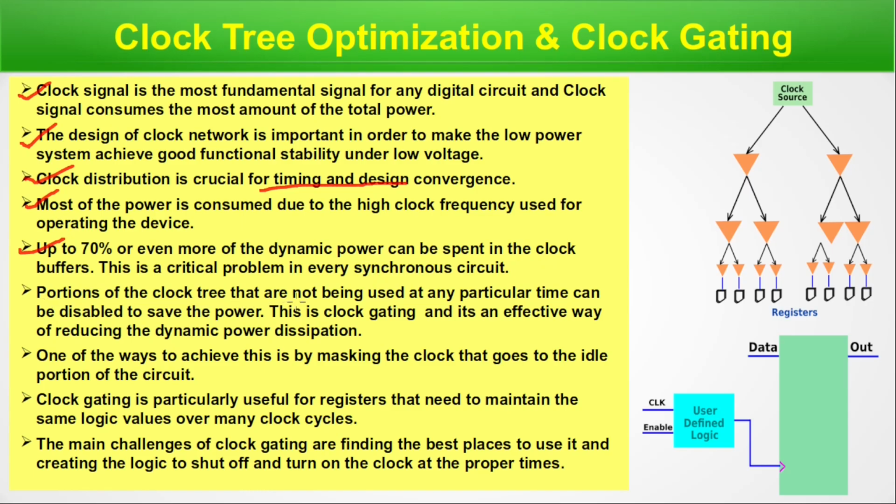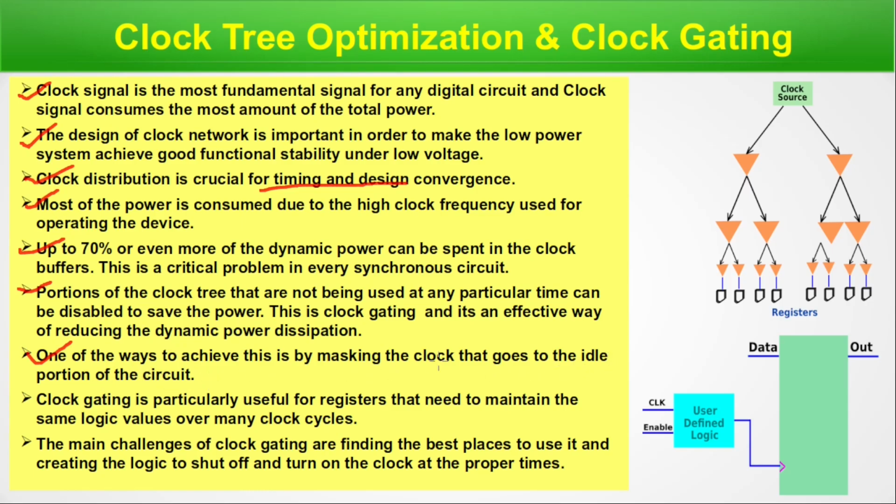Now, portions of the clock tree that are not being used at any particular time can be disabled to save power. If that part is not in use, then shut it down. This is clock gating, and it's an effective way of reducing the dynamic power dissipation. One of the ways to achieve this is by masking the clock that goes to the idle portion of the circuit.